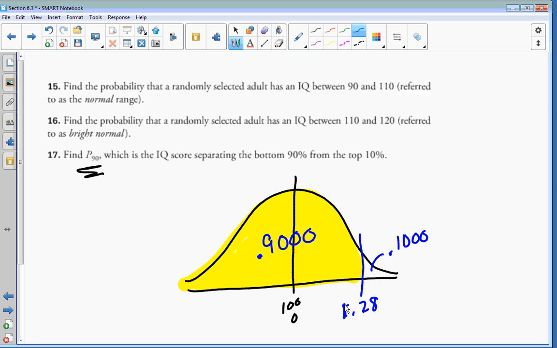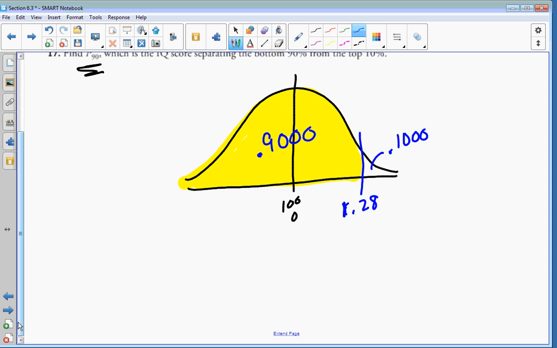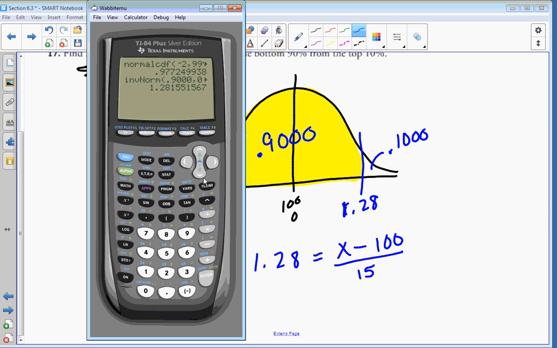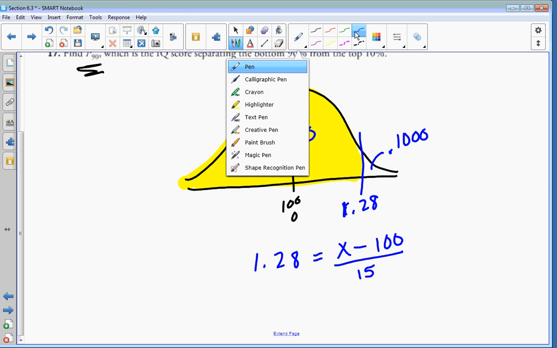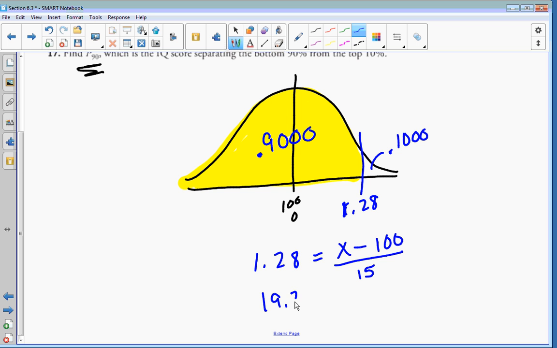Again, that's my z-score. Now I can translate that z-score, 1.28, is equal to x minus 100 times the standard deviation of 15. And of course, I can bring my calculator back here and say, hey, I want to take 1.28. I'm going to multiply that by 15 to clear the fractions, and I'll get 19.2 would be equal to x minus 100.